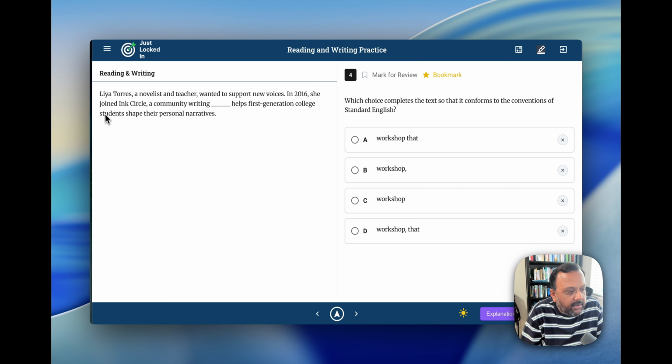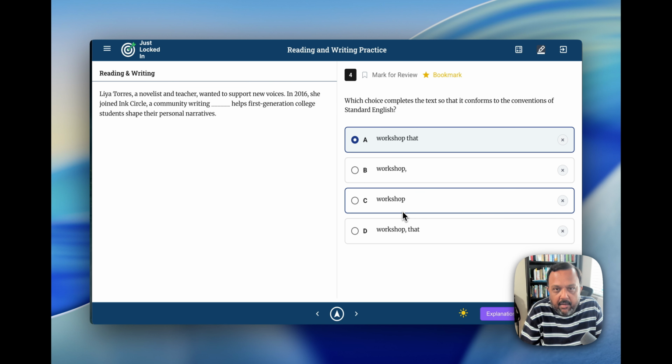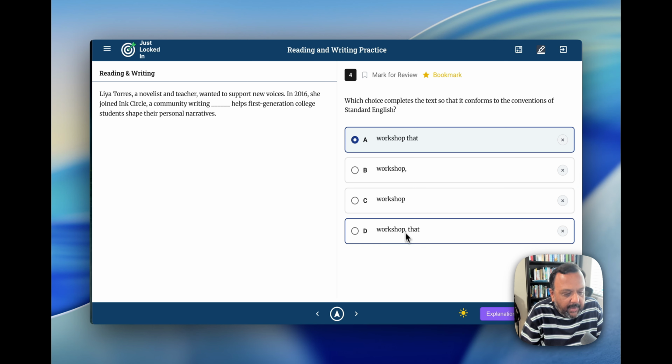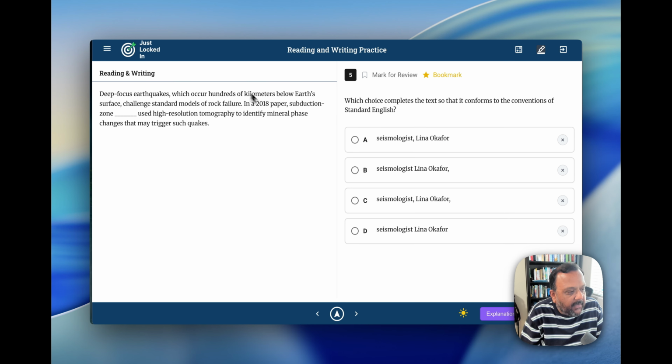So in 2016, she joined Ink Circle, a community writing workshop that helps first generation college students. So A is the correct answer. You cannot do "workshop, that"; that is incorrect. "Community writing workshop helps" is not even grammatically correct. It even fails the ear test; it doesn't even sound right. The same thing applies here also. All right, next question.